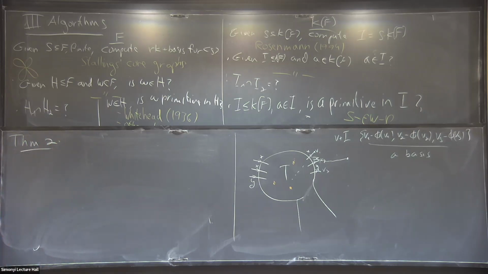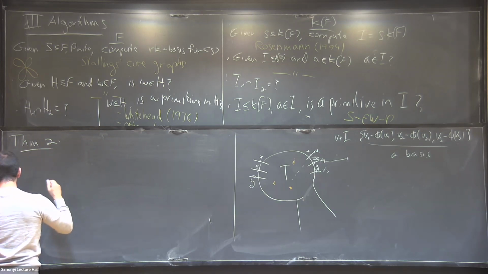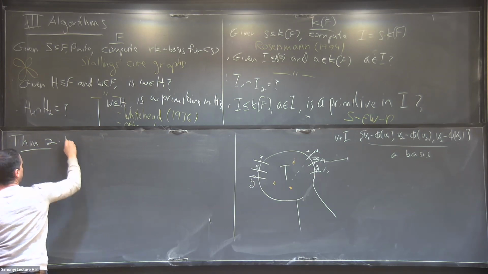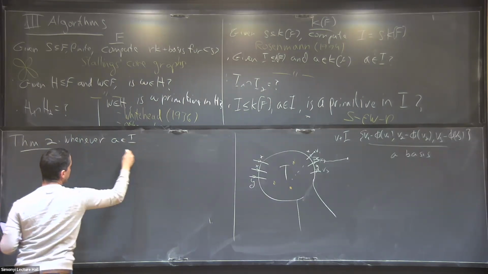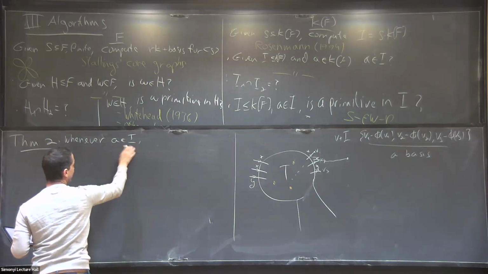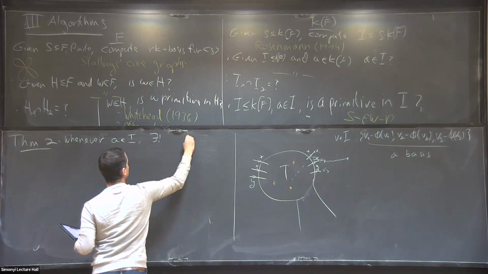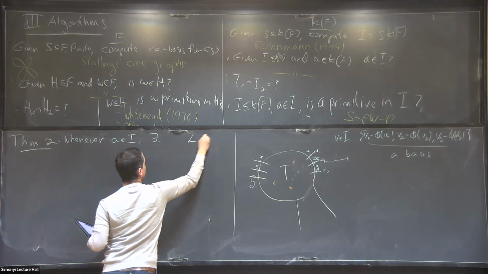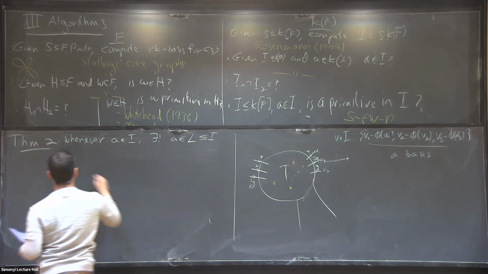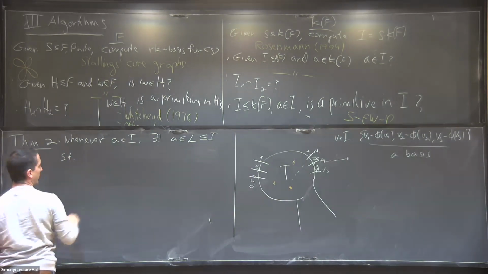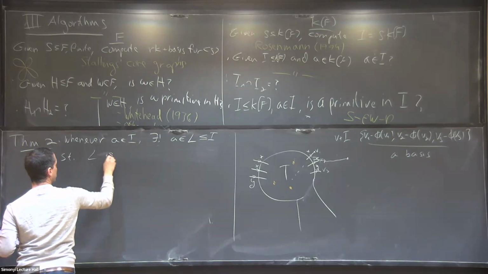First of all, in general, whenever A is an element of the ideal, this is also true for an ideal inside an ideal, there is a unique L, which is a sub-ideal of I, contains A, such that L is the free factor.